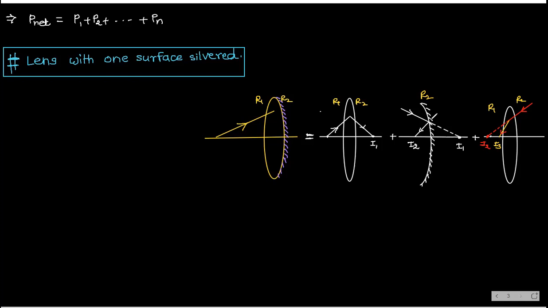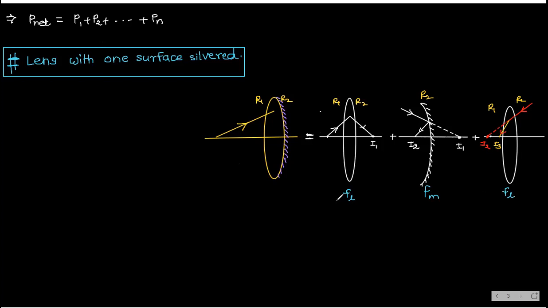All right. Now I want to find net power because of this structure. So this is a lens, yes. So for this lens, I am having focal length. For this lens it is FL. For this it is FM, that is mirror, and for this it is again FL. So as for this lens, it is convex lens.